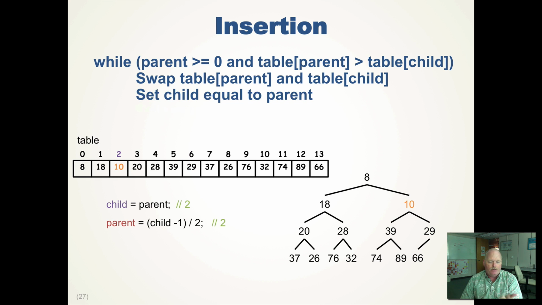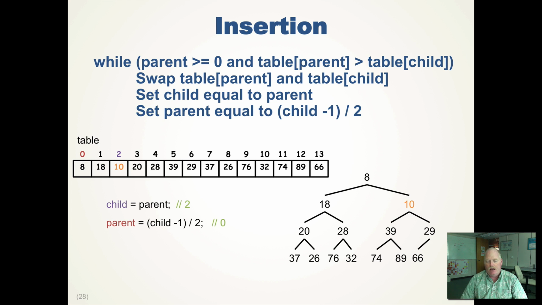The parent is going to be 1 div 2, which will be 0. Is 10 less than 8? No. We're done. We have reheaped the heap, and we have a correct and valid heap in our array. So we have an array representing our heap. So how do we remove an item?